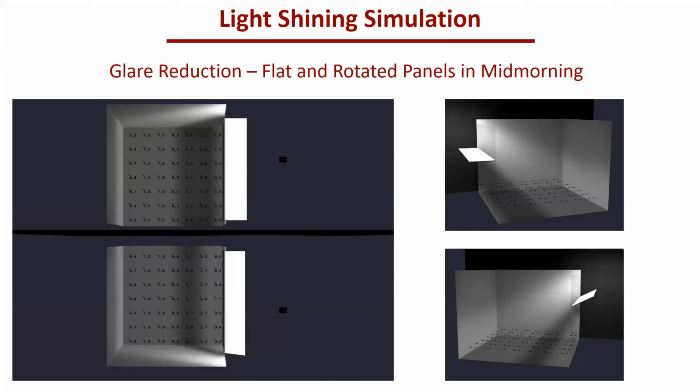So how was this simulation done? In what software? The software is called AGI. It's a software that I was just more familiar with, so it allowed me to do a lot of modeling of different kinds of spaces very quickly. So that's what I opted to use. I personally like it.